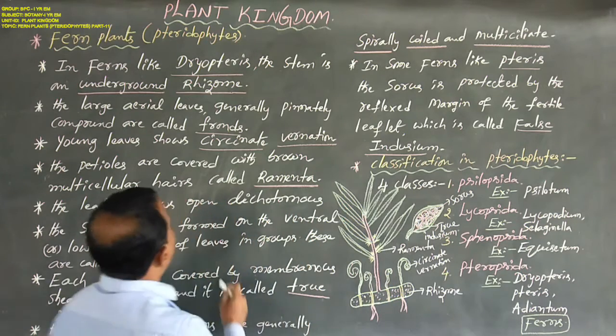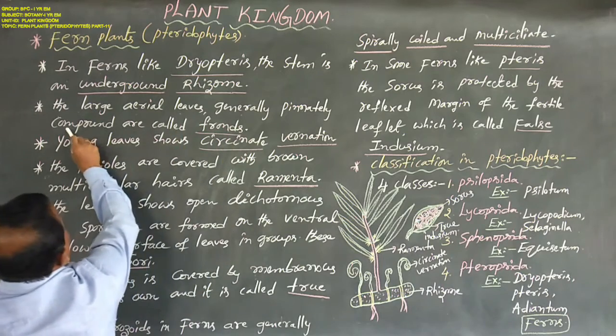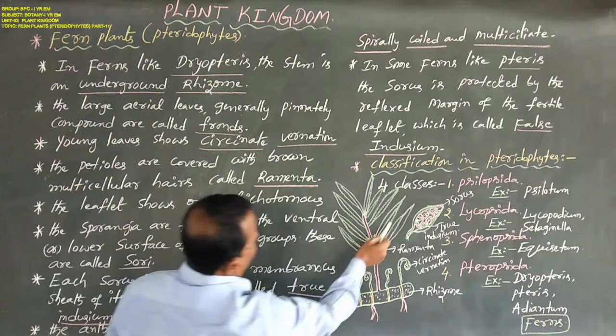Next, the large aerial leaves, which are generally pinnately compound, are called fronds.